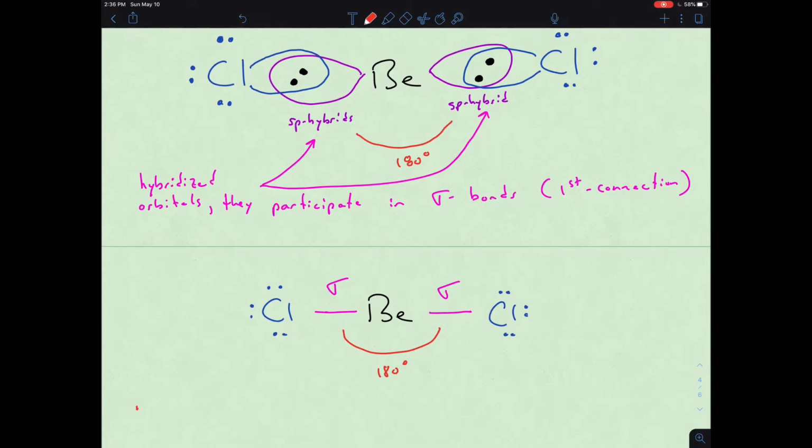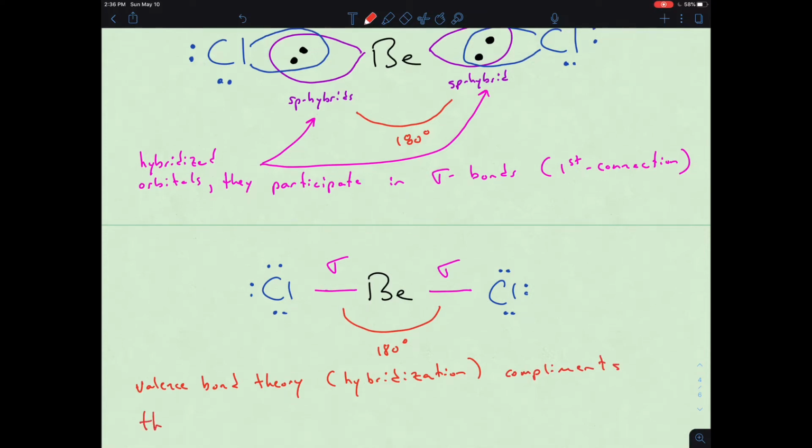So, this idea of the valence bond theory, or hybridization, complements the electronic geometry. In this case, right, linear. So that's two groups, and starting to now develop this notion of hybridization.